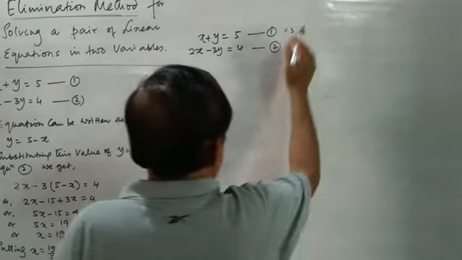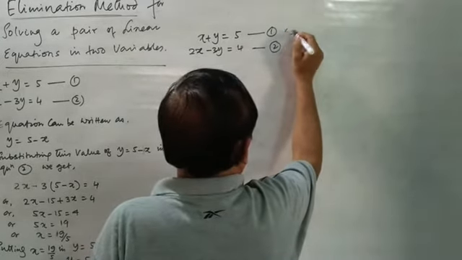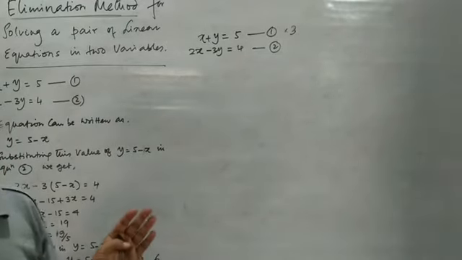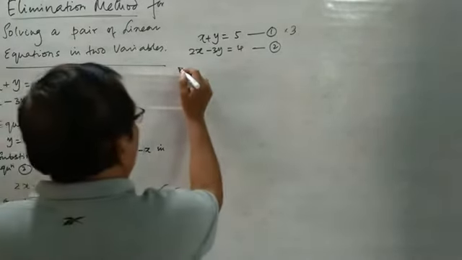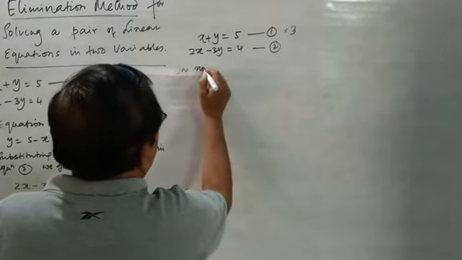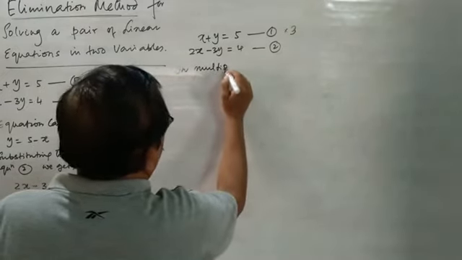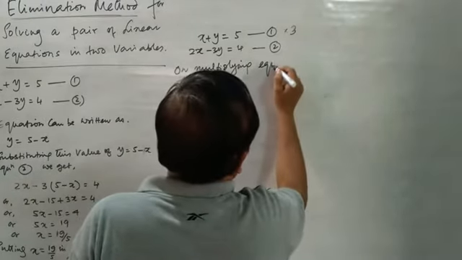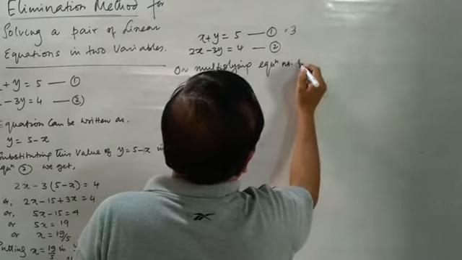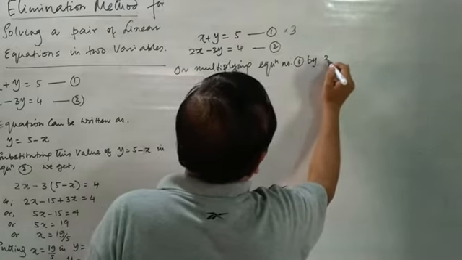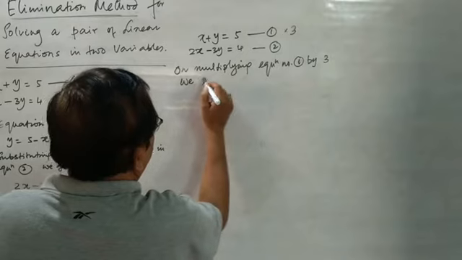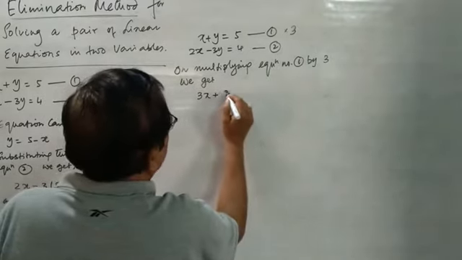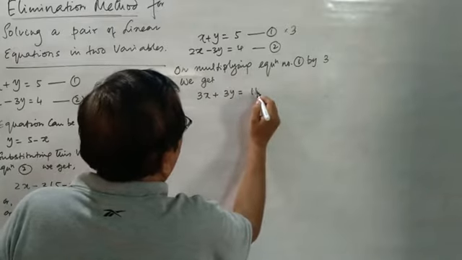And we know that if both sides of a given equation are multiplied by a constant, the equation remains unaltered. So on multiplying equation number 1 by 3, we get 3x plus 3y is equal to 15.